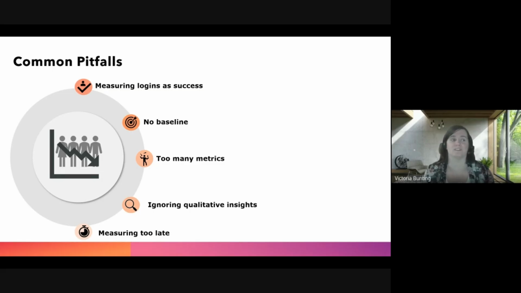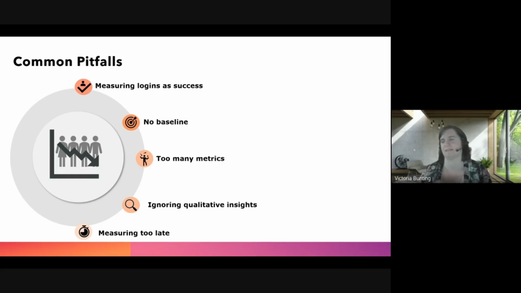High login volumes sit alongside unchanged behaviour and hidden workarounds, which means adoption actually hasn't occurred. Then there's no baseline. Without a baseline, it's impossible to prove that improvement. If you only start measuring after go live, success becomes subjective.